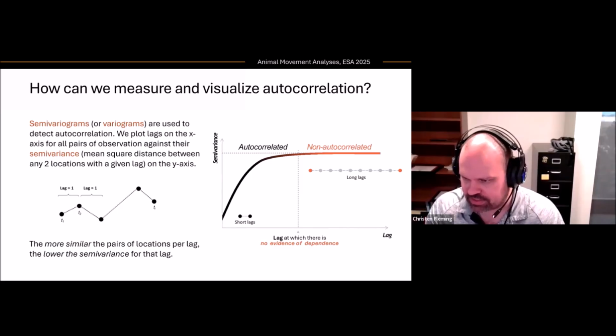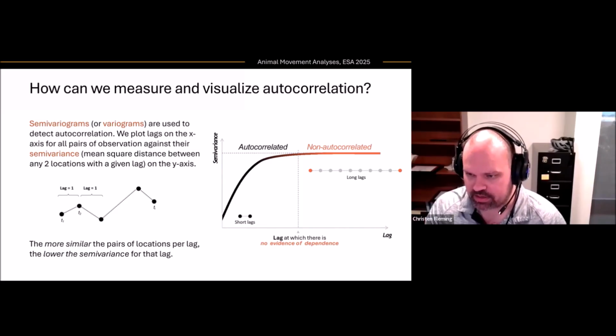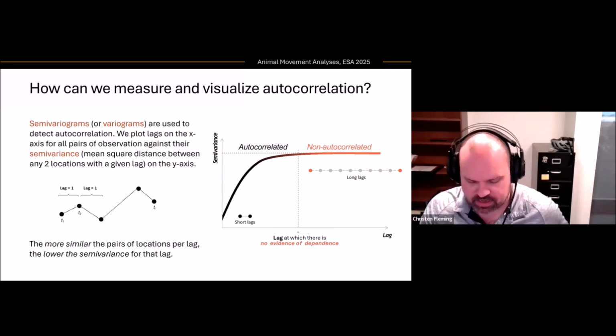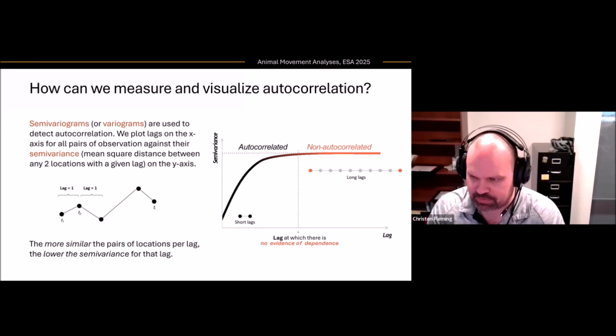But the x-axis is the same. We're still looking at time lags of different lengths, and we're averaging over this square distance on the y-axis rather than calculating a pairwise correlation on the y-axis. So for locations that are sampled very close together in time, the animal doesn't have time to get very far.